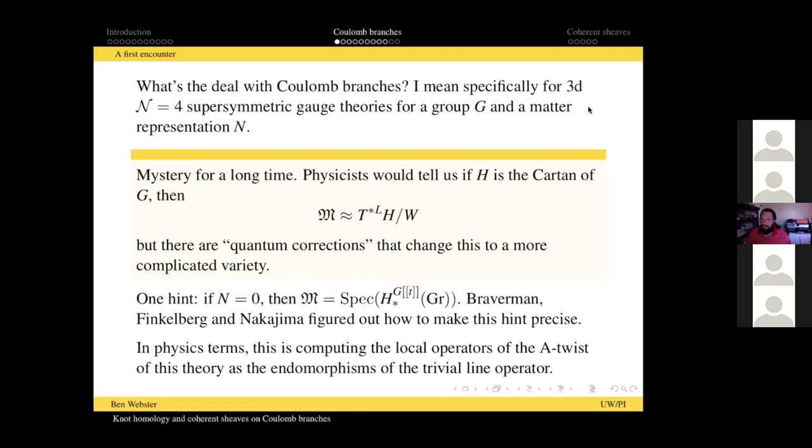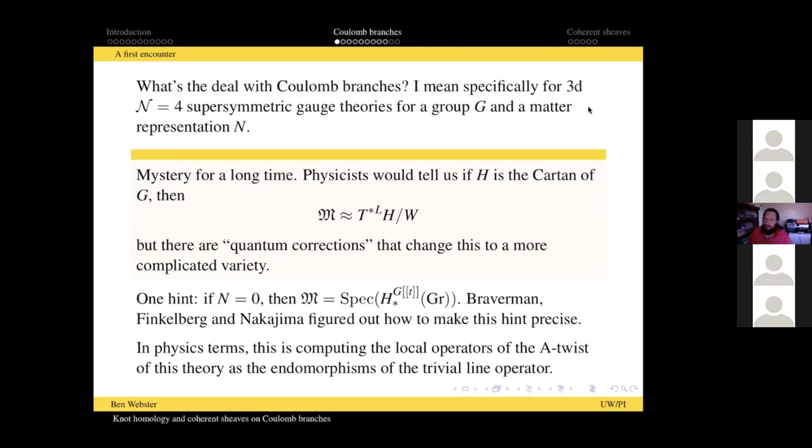In particular, the representation doesn't appear anywhere. And they said, oh, well, that's the classical calculation. No, you want the quantum Coulomb branch. So there are some quantum corrections. And then they would say some stuff about the hypermultiplet changing, and I could never figure out what the heck was going on.